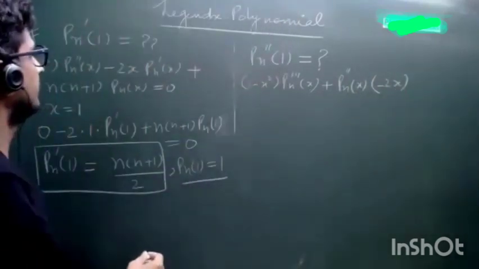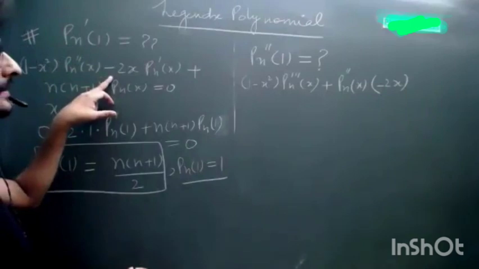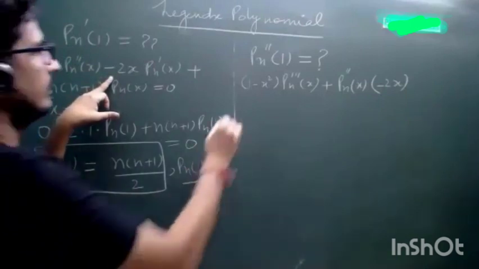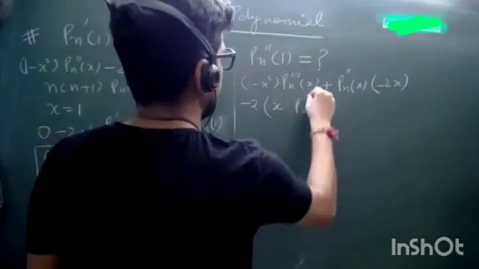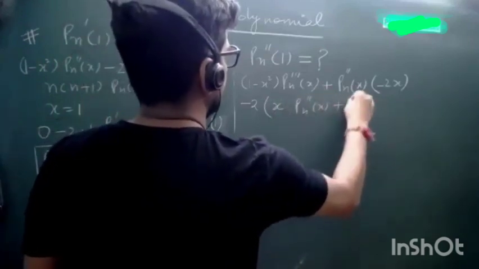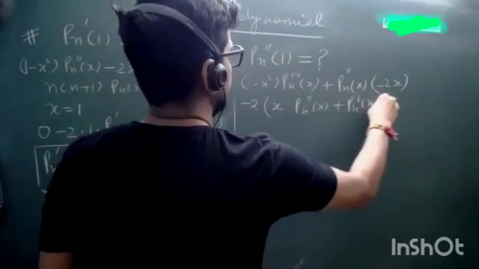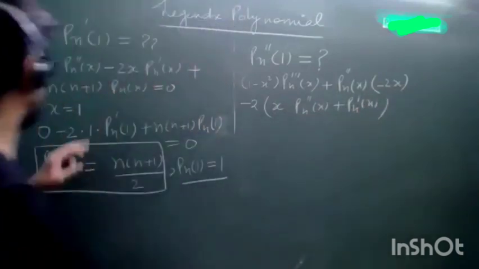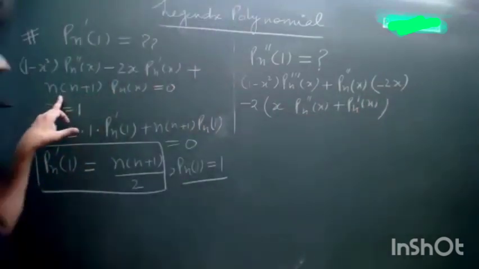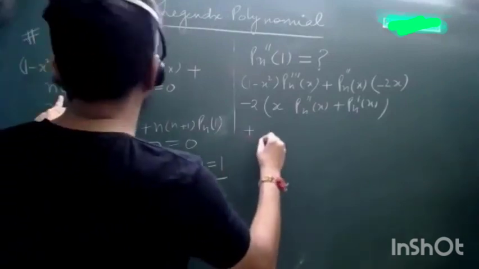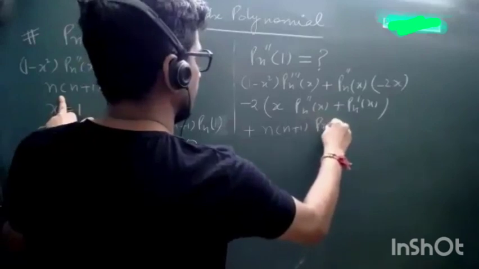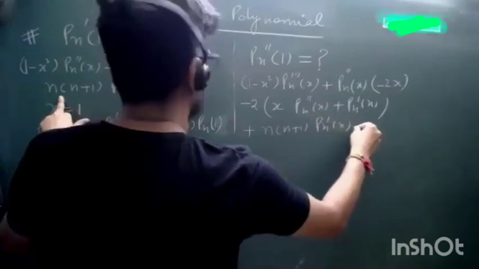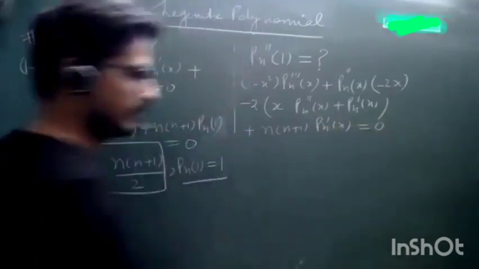Okay, and then what about this? Minus 2x Pn double dash x plus Pn dash x, correct? And what about this? Plus n plus 1 Pn dash x is equal to 0.